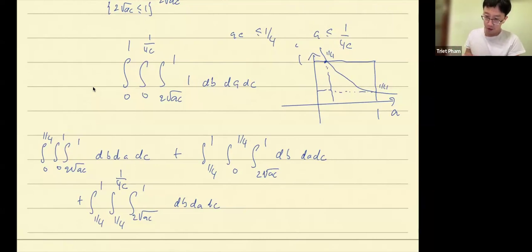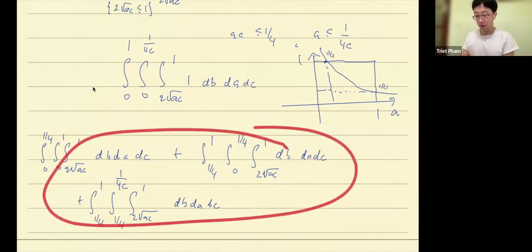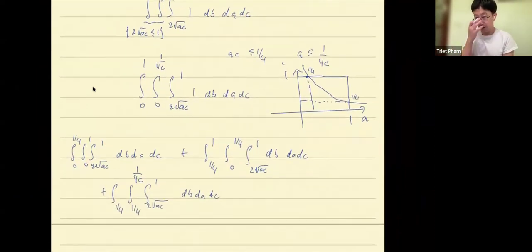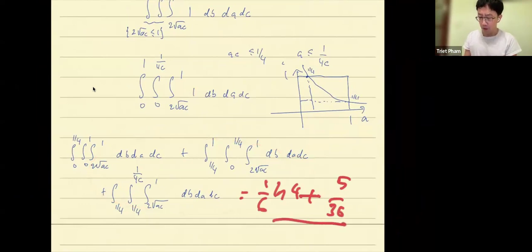Now I do allow for an easier approach to calculate this triple integral. In fact, if you have some suggestion that gives the same answer as this, which is something like 1/6 log of 4 plus 5/36, if I recall correctly, I might be wrong.